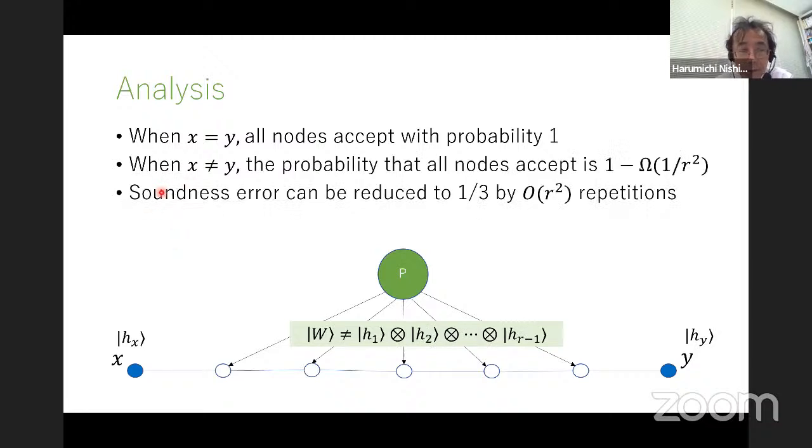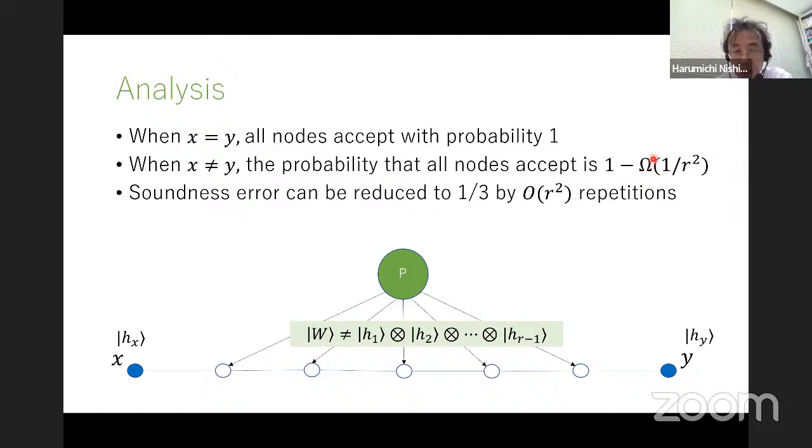On the other hand, if X is not equal to Y, so the two inputs are different, then the probability that all nodes accept is 1 minus 1 divided by the length of the line squared.